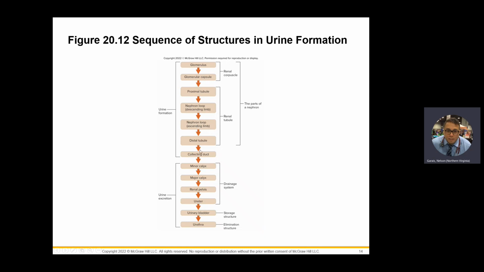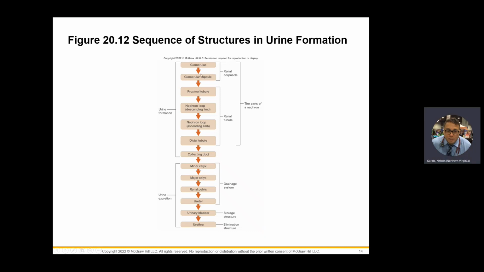If I have a proximal convoluted tubule, I have to have a distal convoluted tubule, then the collecting duct, and then down to the pyramids. It's missing the pyramids here. Pyramids, minor calyx, major calyx, renal pelvis, and then the ureter.